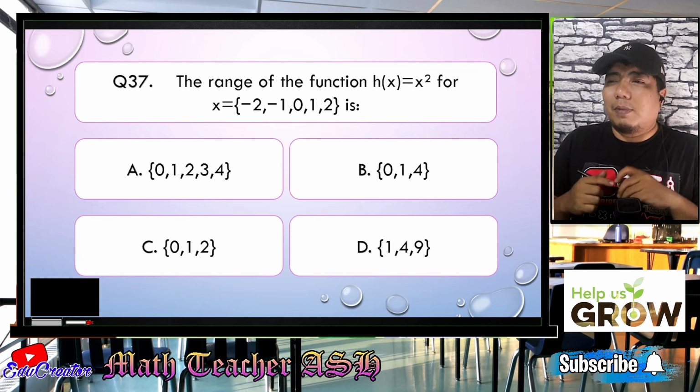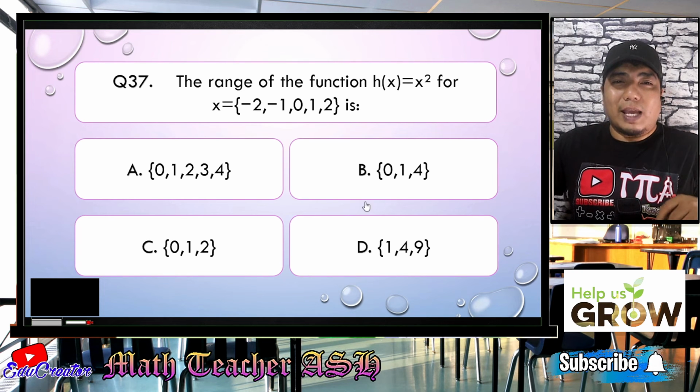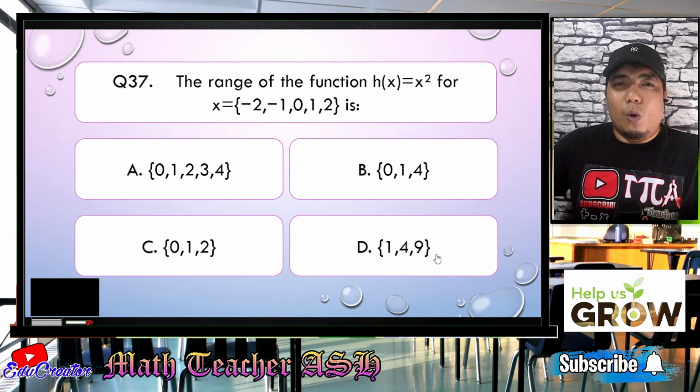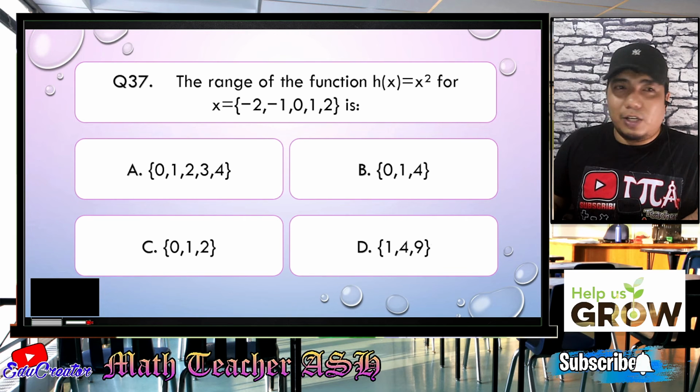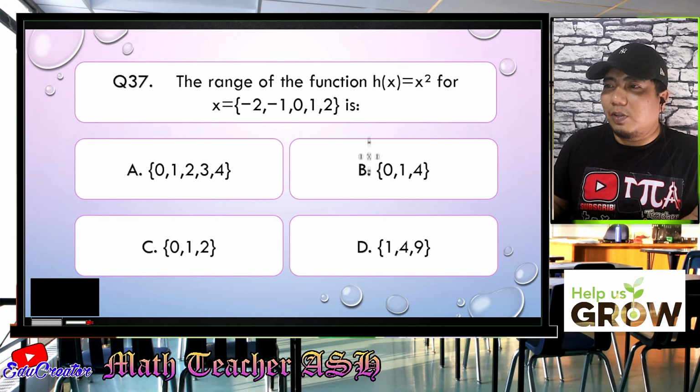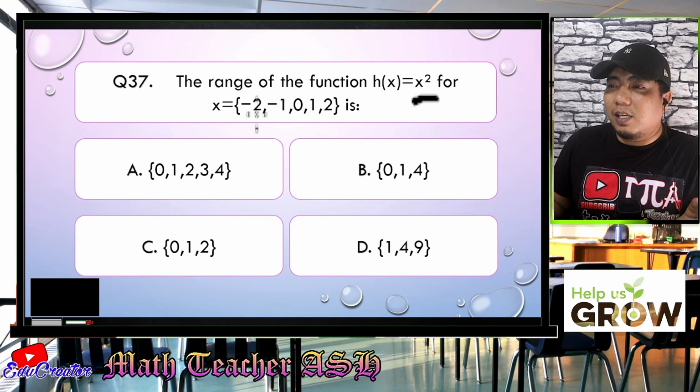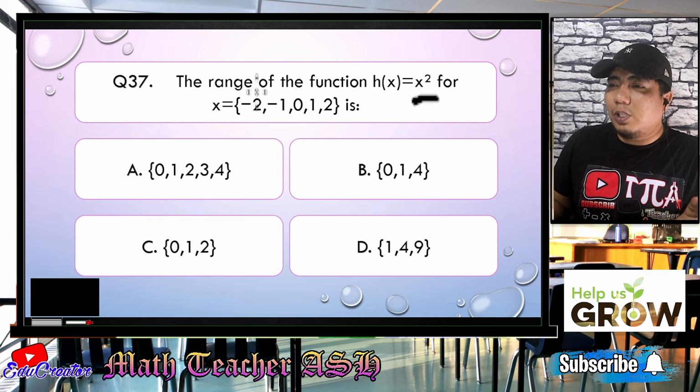Alright, my dear math learners, in order for us to answer this question, what we need to do is consider the function. The function here is x squared, right? The values of x here are negative 2, negative 1, 0, 1, and 2. So we just get the square of these given numbers. Negative 2 squared becomes positive 4.